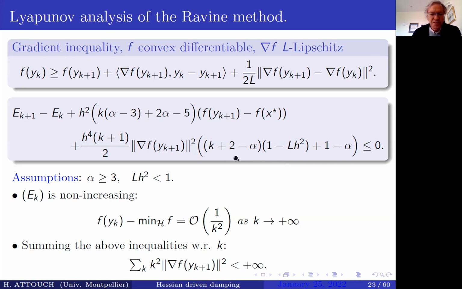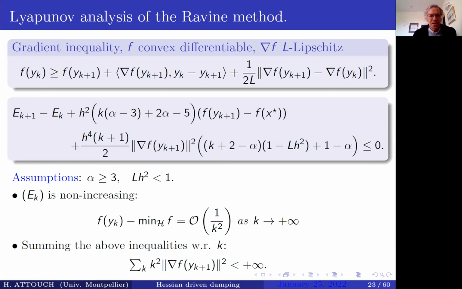So if you do this sharp Lyapunov analysis, you have this term which appears. If LS is strictly less than 1, this is non-negative, alpha greater than 3, this is non-negative, so AK is decreasing, and when you do summation of this inequality, you obtain this estimation.